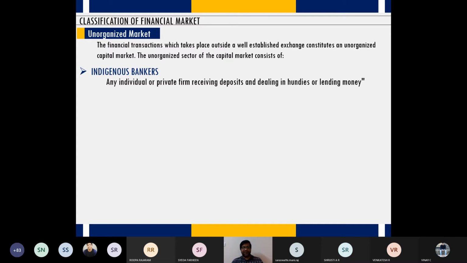But over a period of time, the Government of India has decided to undertake financial inclusion. As part of financial inclusion, the objective is to ensure that most citizens in India have access to basic financial services. One of the basic financial services is opening a bank account. Every citizen should have a bank account, whether he's literate or illiterate.